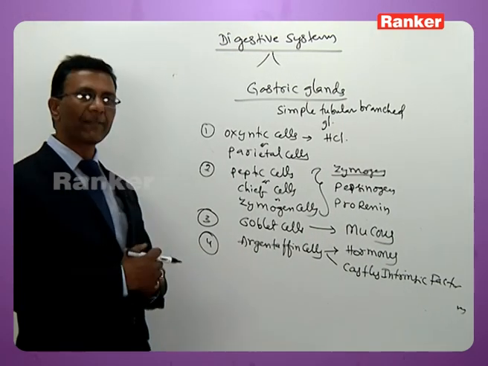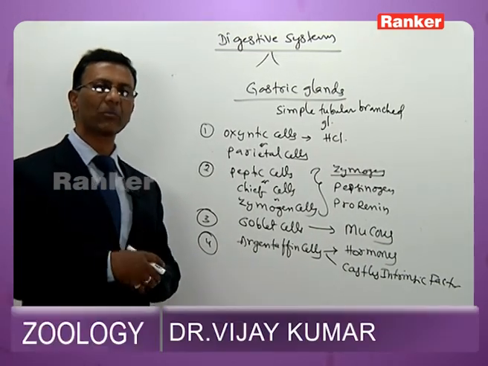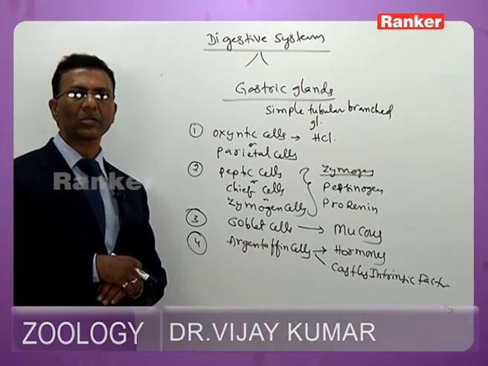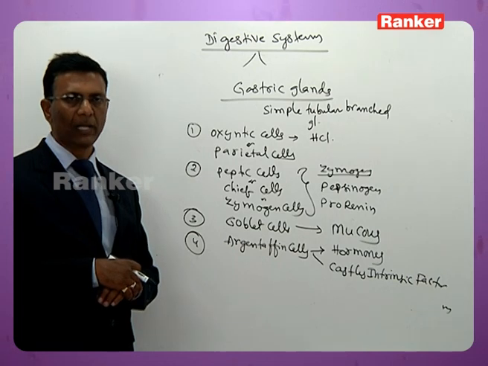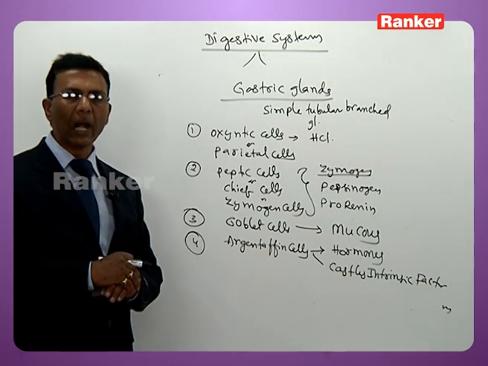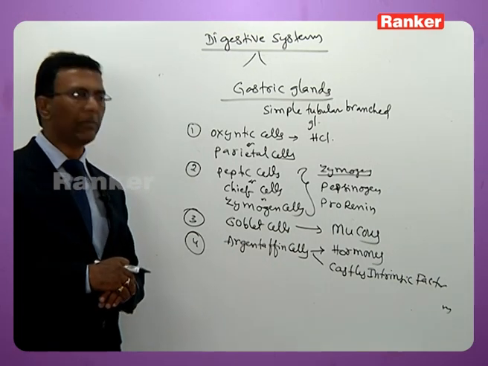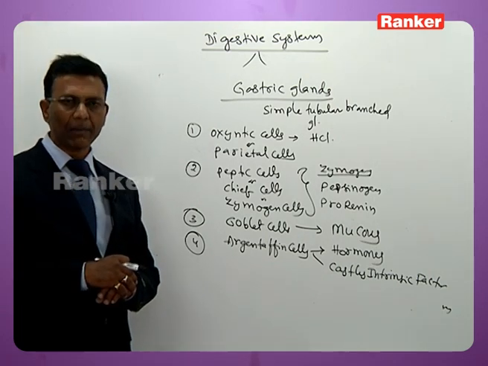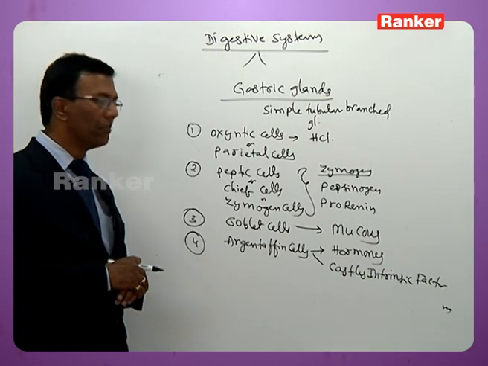This Castle's intrinsic factor, you must remember, from the NEET point of view, is the most important point here. The Castle's intrinsic factor helps in absorption of vitamin B12, the cobalt containing vitamin. Only in the presence of Castle's intrinsic factor, the stomach absorbs vitamin B12.